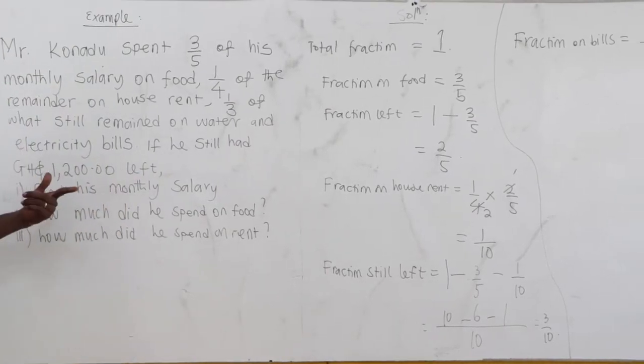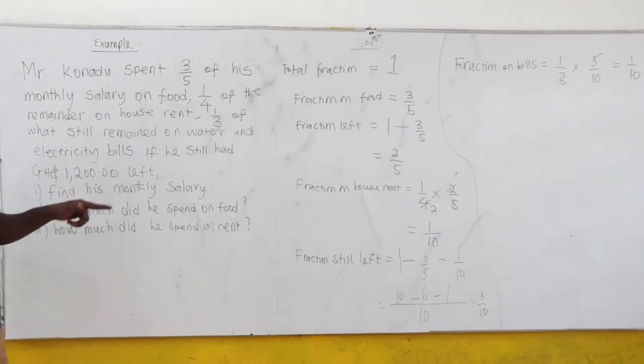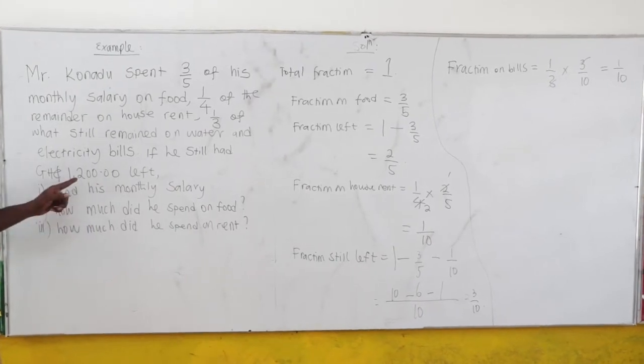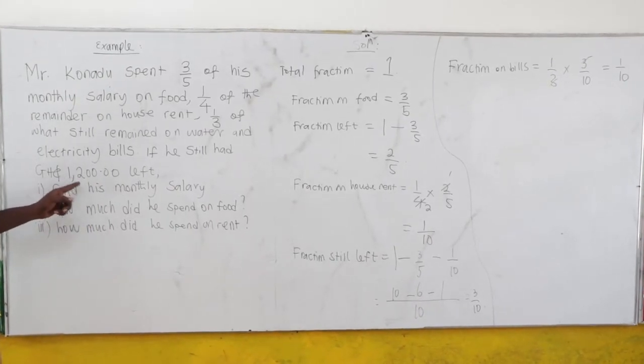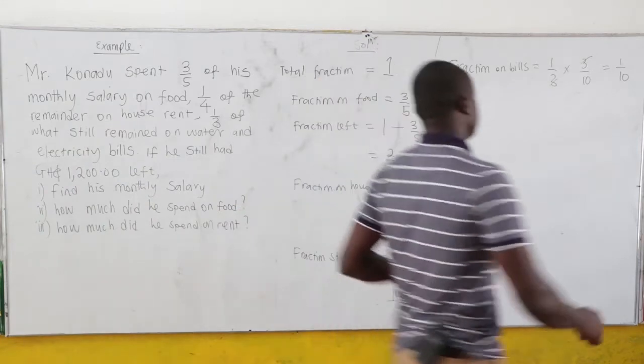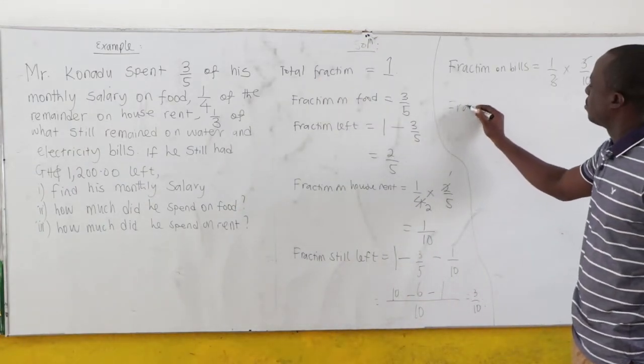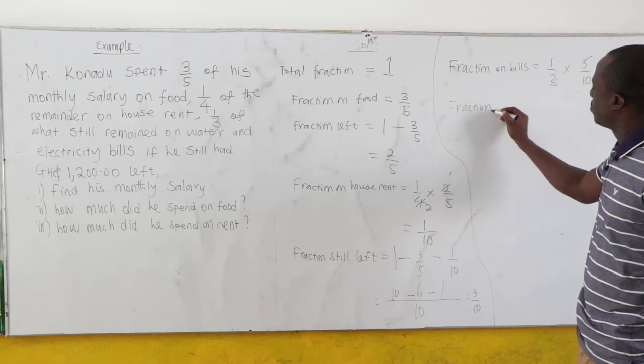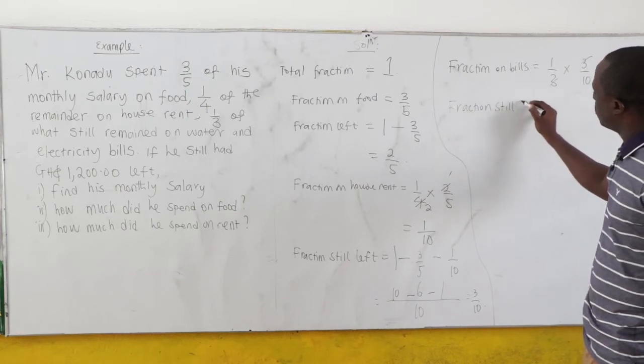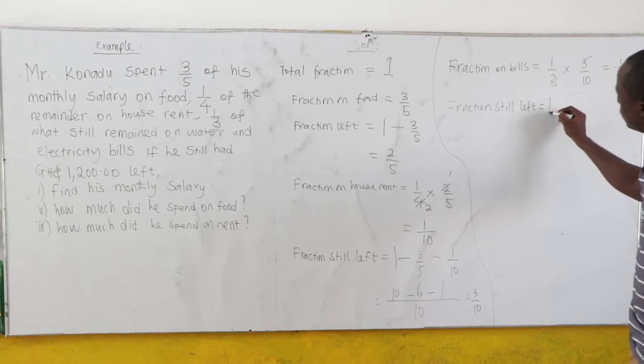And this is telling us what? The fraction that will still be left will correspond to the amount left. This amount left, which is what? 1,200. So after all this, the fraction which is left. So fraction still left. The total is 1.